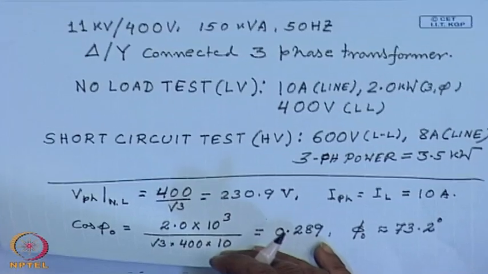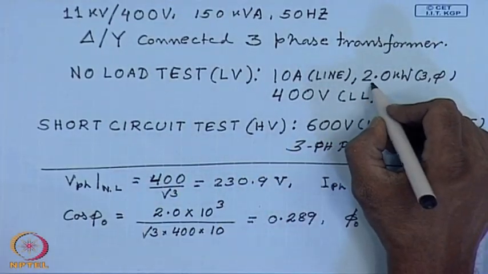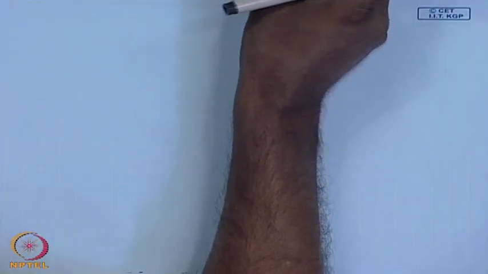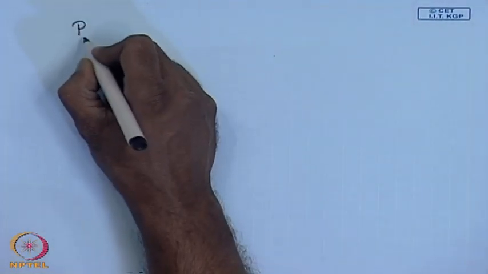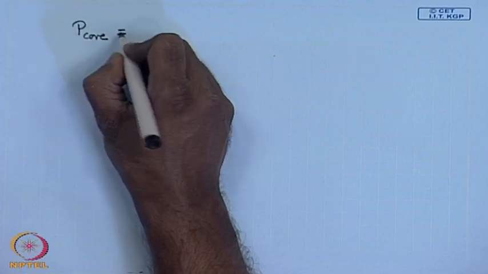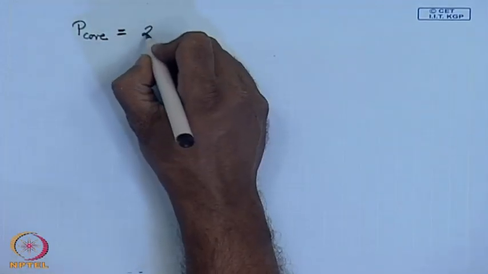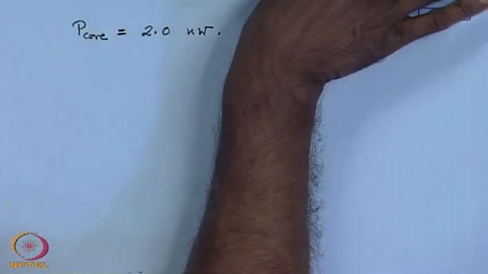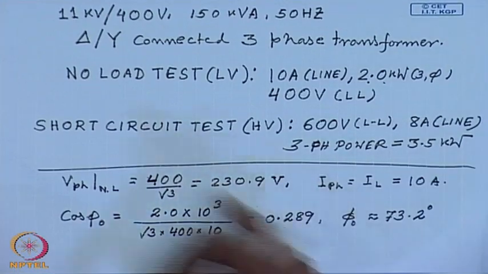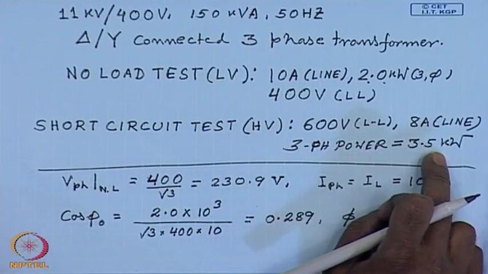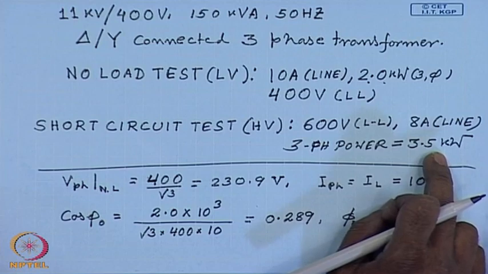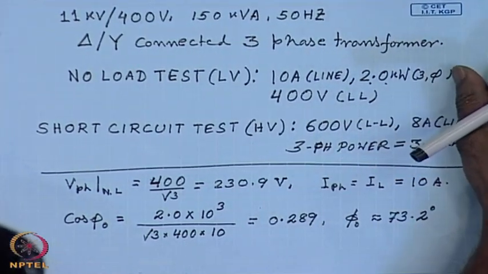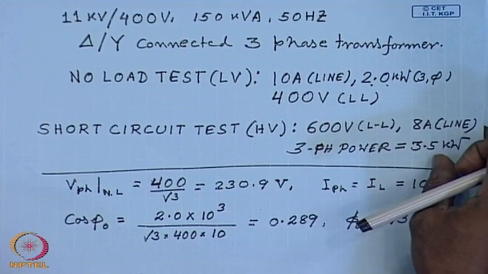So, the no load test had a total power loss of 2 kilowatt. So, the core loss P core of this transformer equals 2.0 kilowatt. From the short circuit test data, we find that the 3 phase power loss at rated line current, at 8 ampere line current, is 3.5 kilowatt.